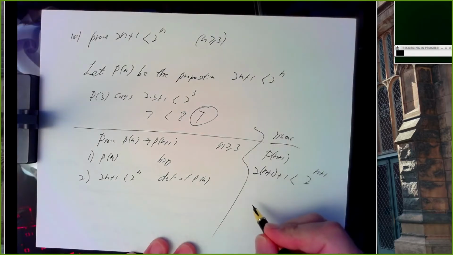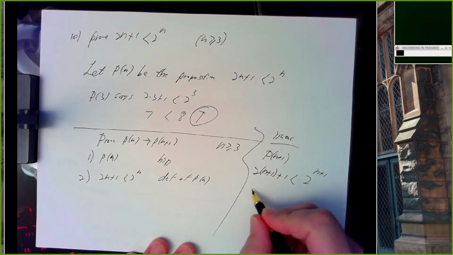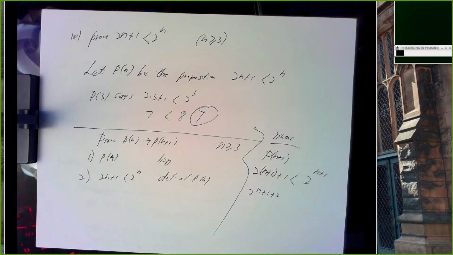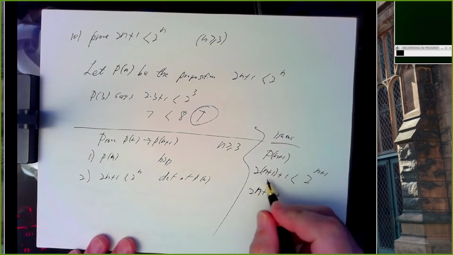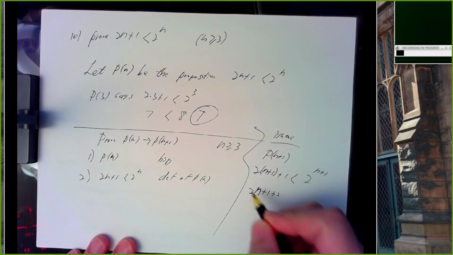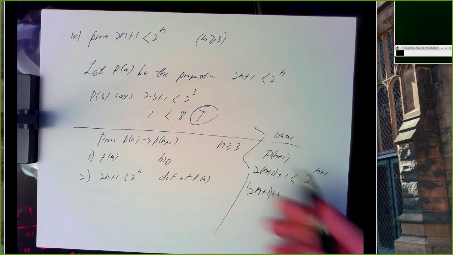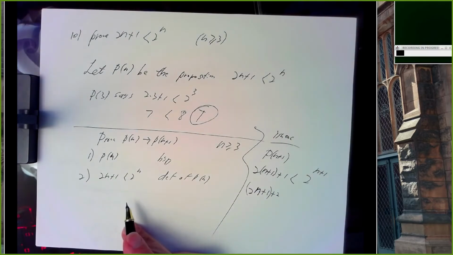We can expand it out first. Let's write this side as 2n plus 1 plus 2. Right, so 2n plus 2 plus 1. So I've got my 2n plus 1 plus 2. So when I move from n to n plus 1, I'm adding 2 to the left side.